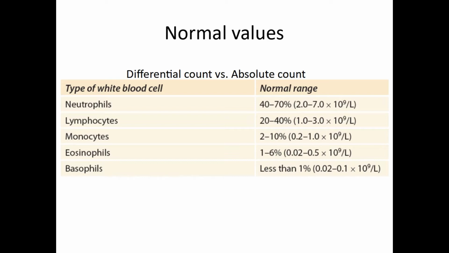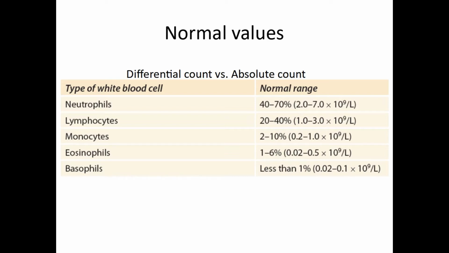Second most abundant are the lymphocytes, which comprise 20 to 40% of all the WBCs if you count 100 WBCs. And the absolute count is normally 1000 to 3000 per cubic millimeter.